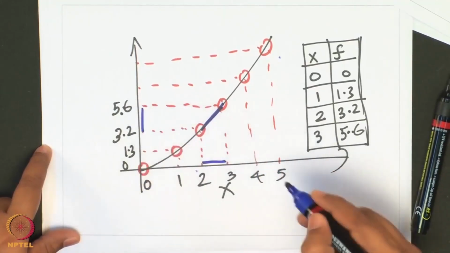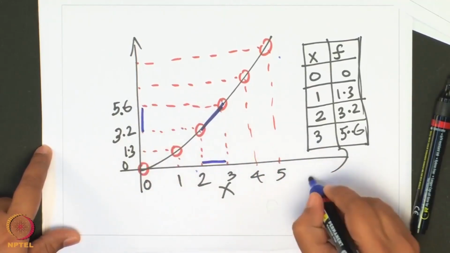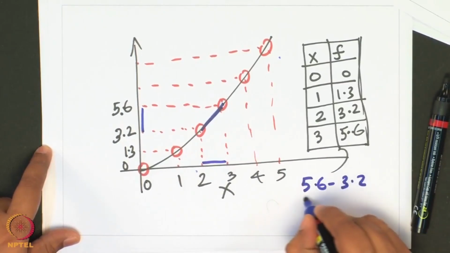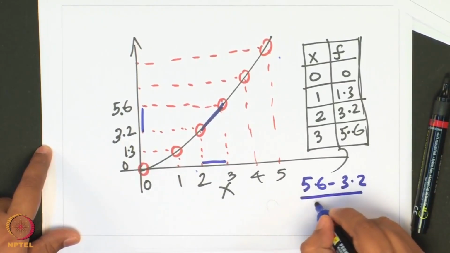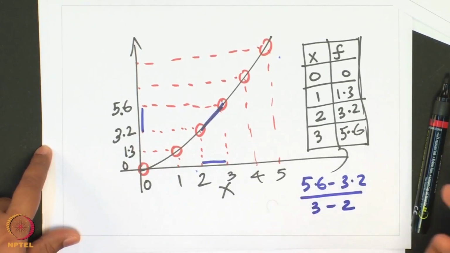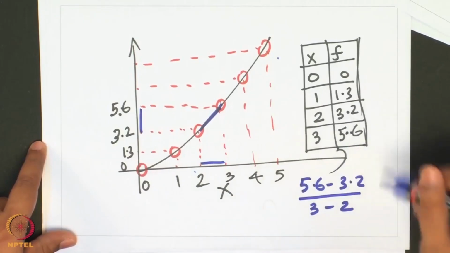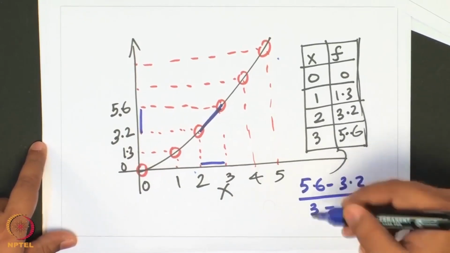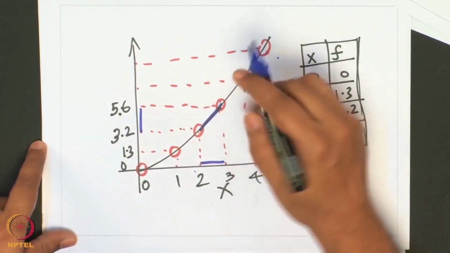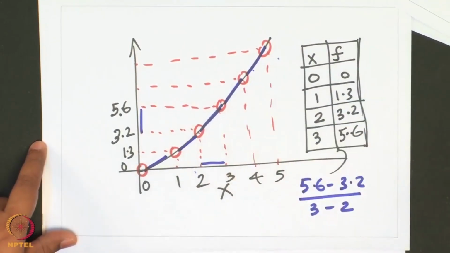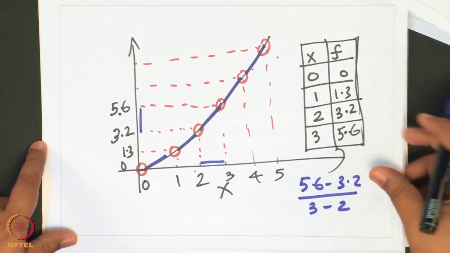So 5.6 minus 3.2 divided by 3 minus 2. This would give us the slope for this particular segment. For each segment, we can calculate the slope. This is the way to numerically calculate the slope.